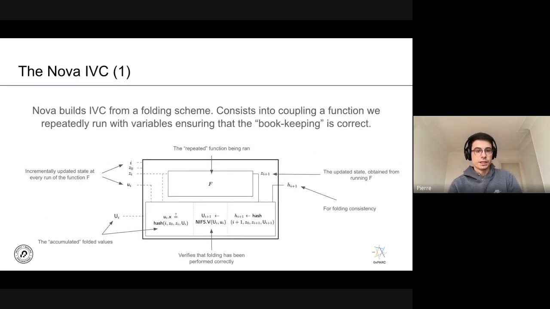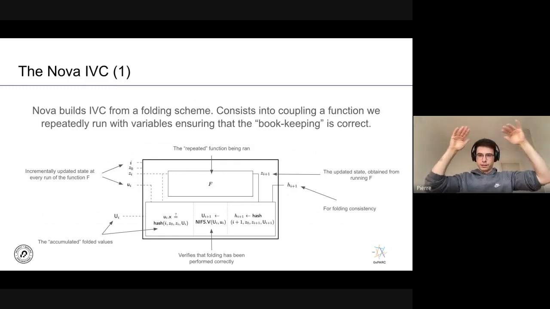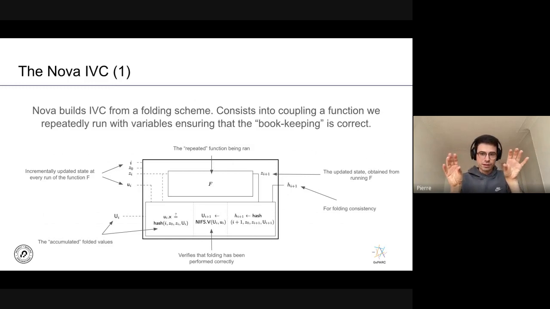Okay, so here is the Nova car. Let's say that it's a car, and we are going to check each of the pieces of the car. So the engine and all the small little electronic additional components that make sure that the car is not derailing. At the heart of the Nova car, you have the repeated function being run, which is the F function.